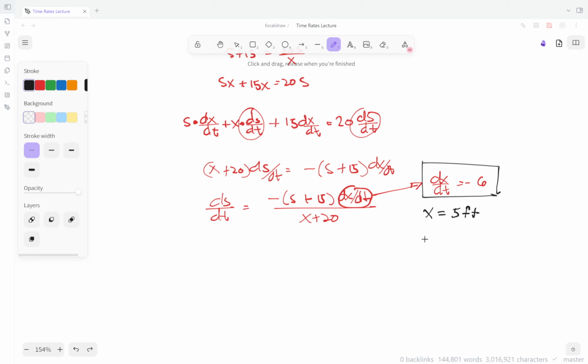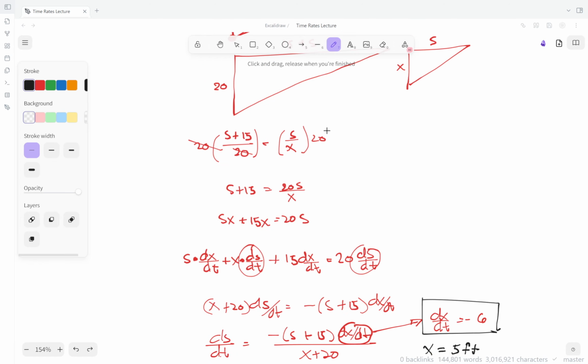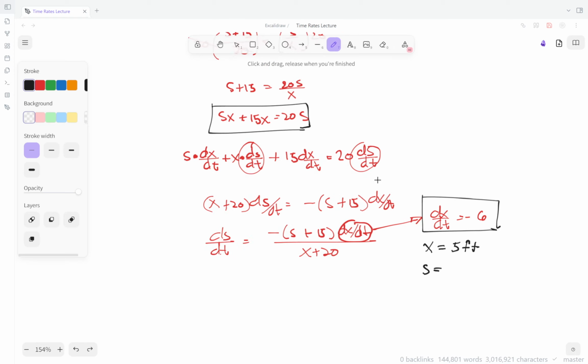After that, we need to find the value of s. You get the value of s from the equation that we made earlier. There's not that much simple, so maybe we can just rewrite this part to find the value of s.